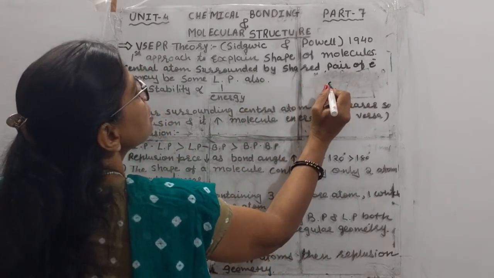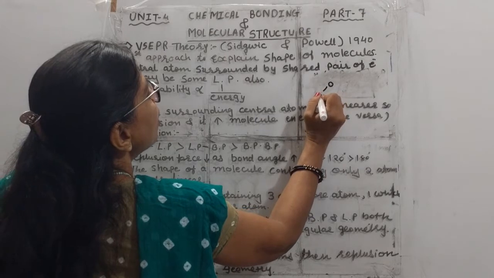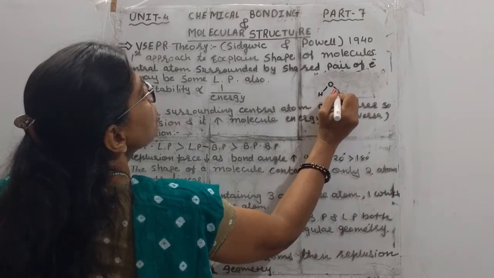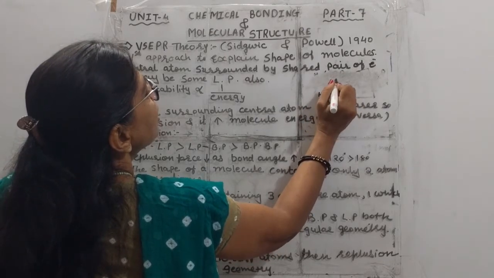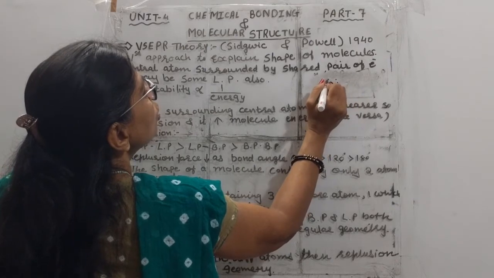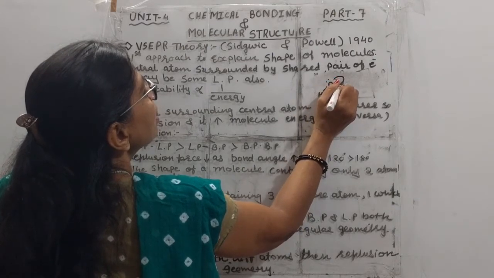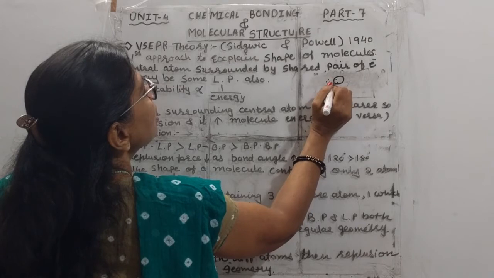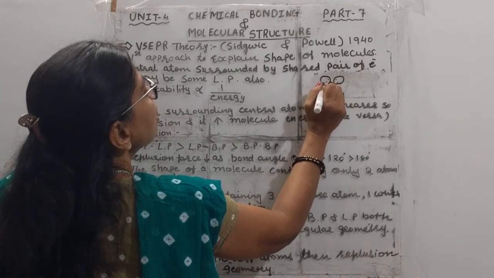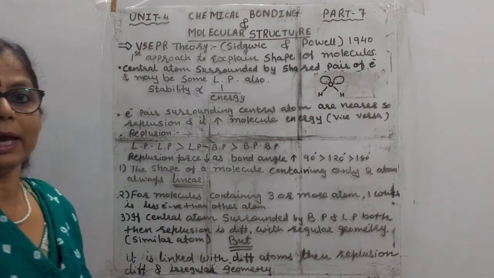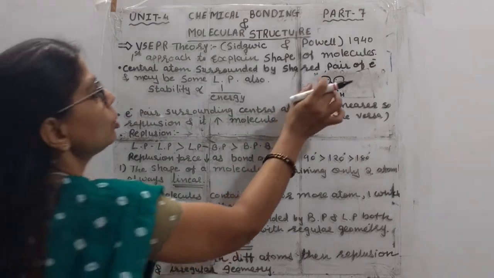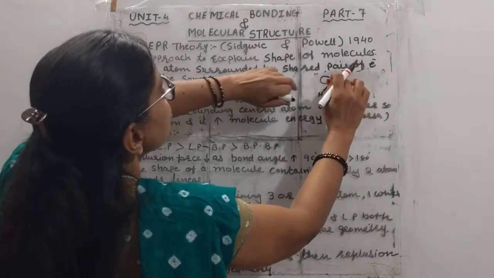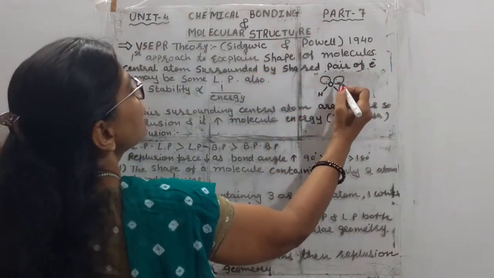So this is oxygen bonded with hydrogen and two lone pairs. Both are like charge, students. So both lone pairs try to repel each other.